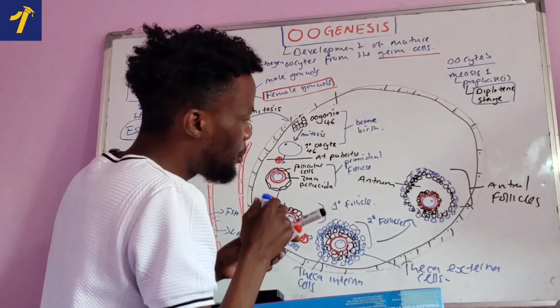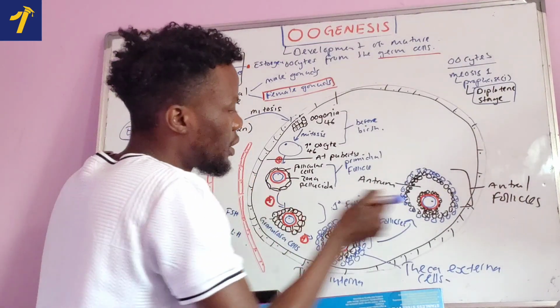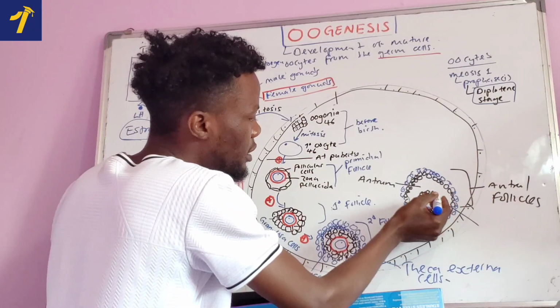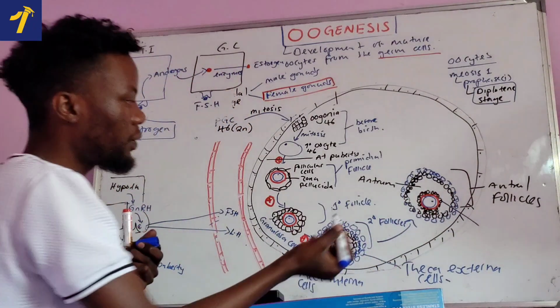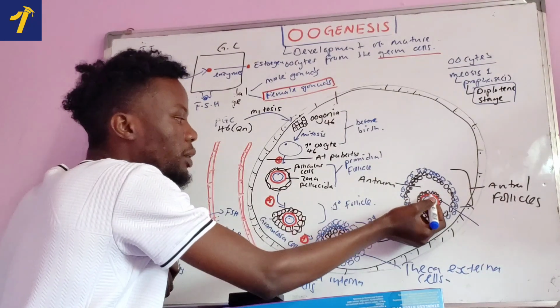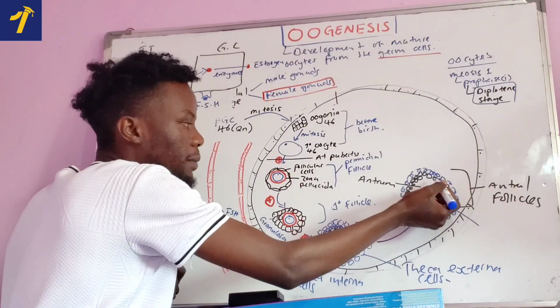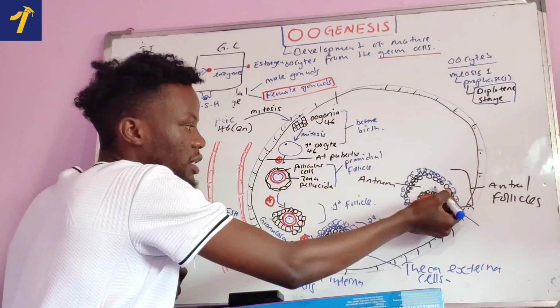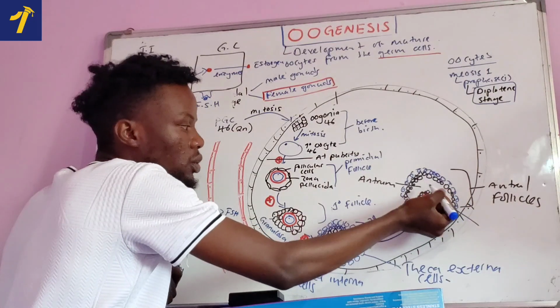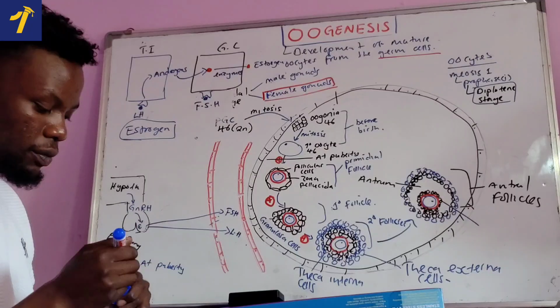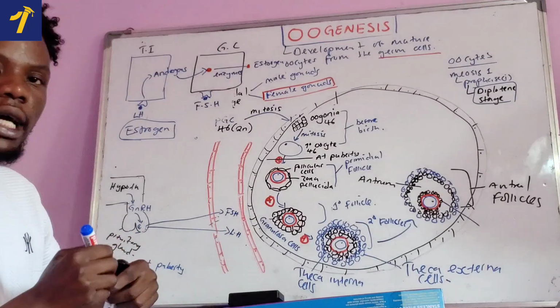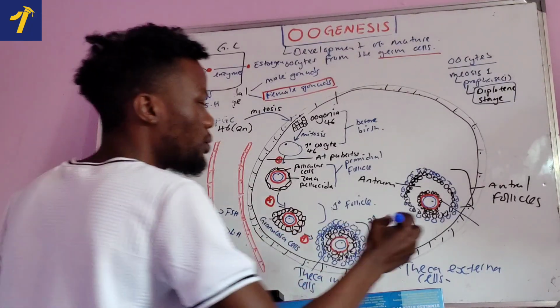There will also be these granulosa cells. Remember that these cells in black, we call them granulosa cells. Now we're not going to be calling them that, because they are separated by a space between them, so we need to change the name.